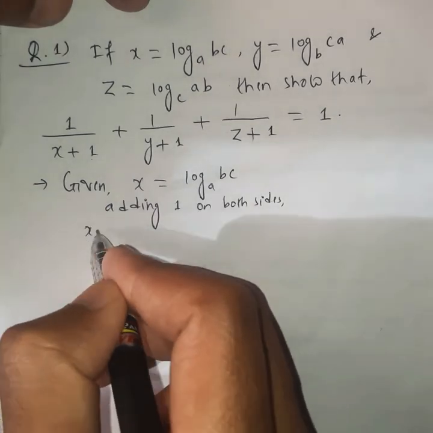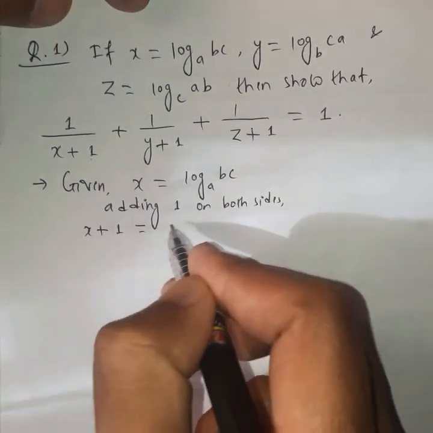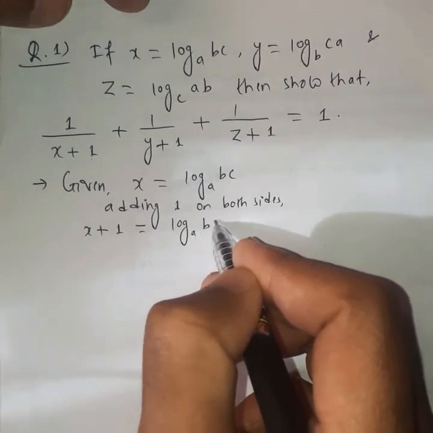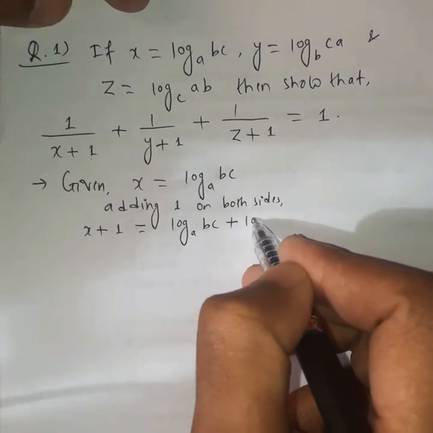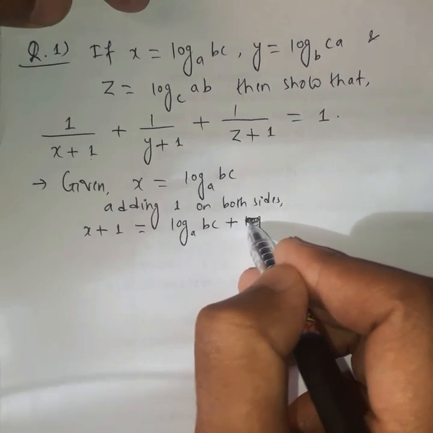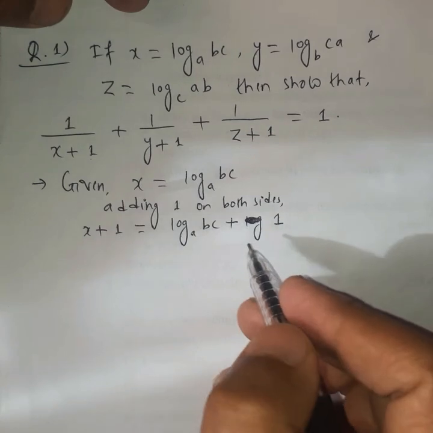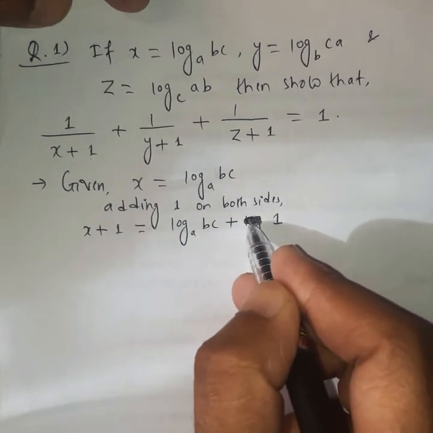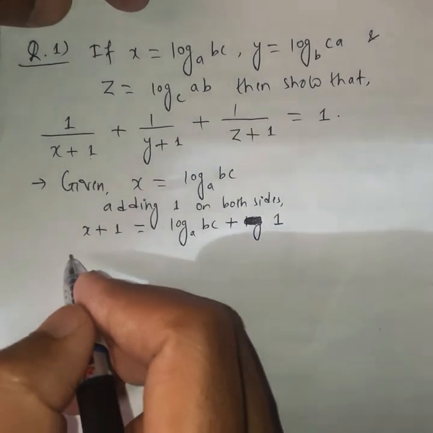So adding 1 on both sides, the left hand side will be x plus 1, which equals log with base a of the number bc plus 1. In this step we just add the number 1 on both sides, not a log.